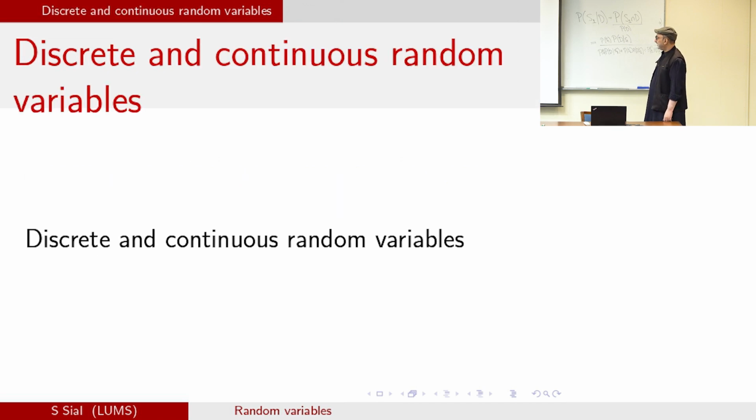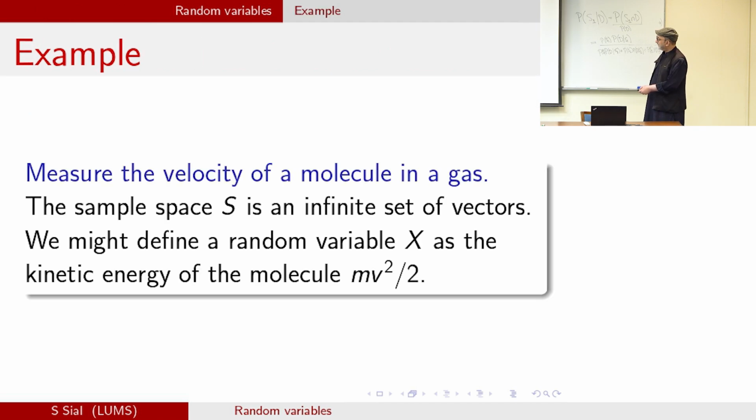Okay, so we have this terminology of discrete and continuous random variables. The dice rolling problem is an example of a discrete random variable, right? And this problem with the kinetic energy is an example of what's called a continuous random variable.